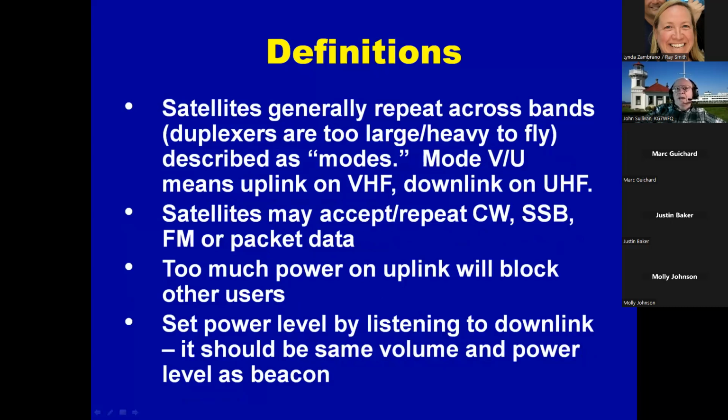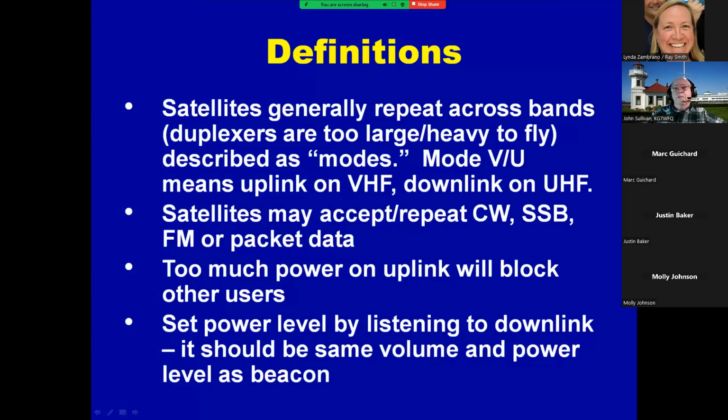Satellites generally repeat across bands, so usually it's VHF up, UHF down. It's not like a repeater where you have to prevent the incoming signal and the outgoing signal from interfering, because they'd need some sort of frequency separation. Well, they get that by using different bands, VHF up and UHF down.